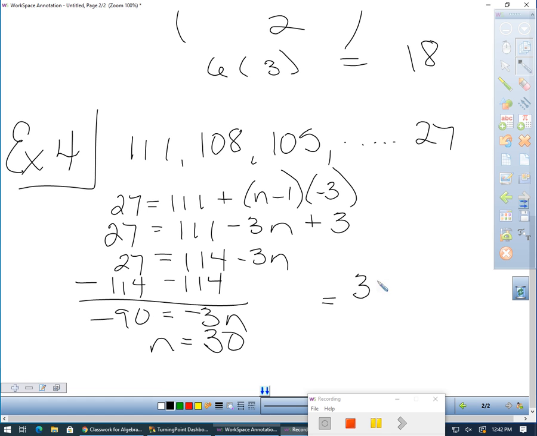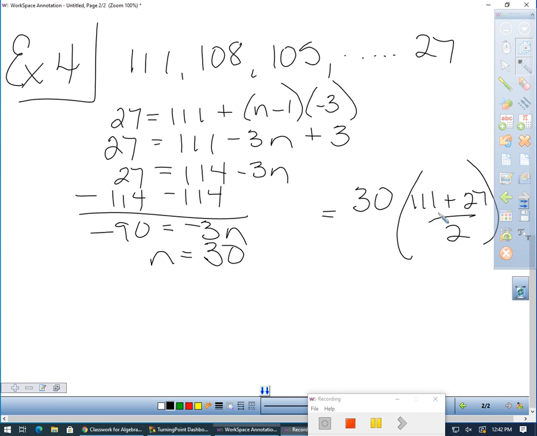We have 30 times the first term plus the last term, divided by 2. In here we have 138 divided by 2, which is 69, so we have 30 times 69, which is 2,070. Alright, questions on how to do those?